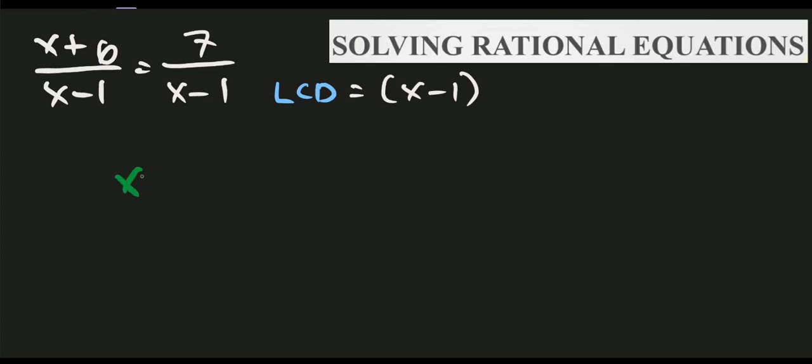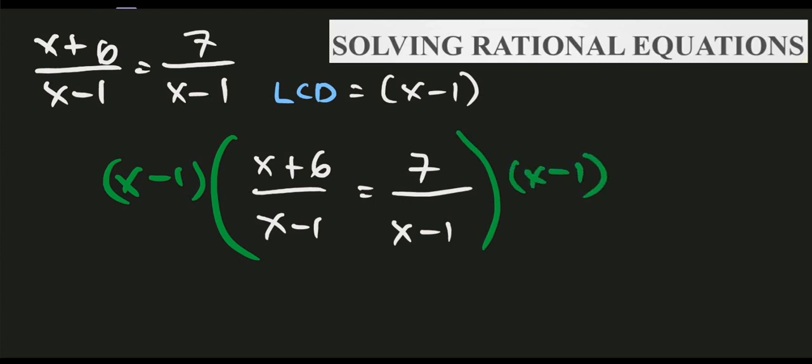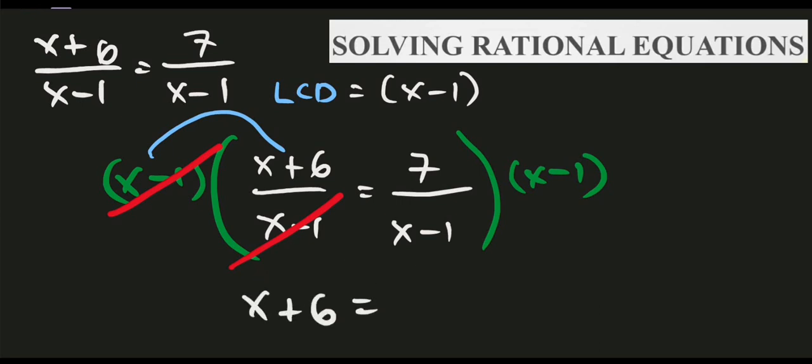So it will give us x minus 1 times x plus 6 all over x minus 1 is equal to 7 all over x minus 1. So we will multiply the right hand side by x minus 1 again, and cancel out our denominators, our LCD. So it will give us x plus 6 is equal to 7.